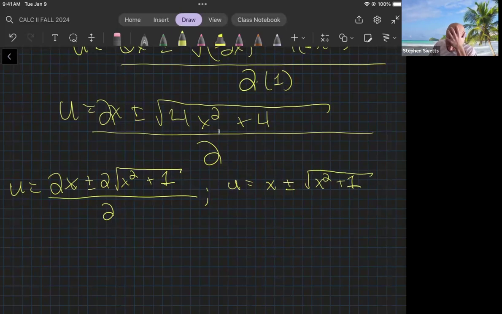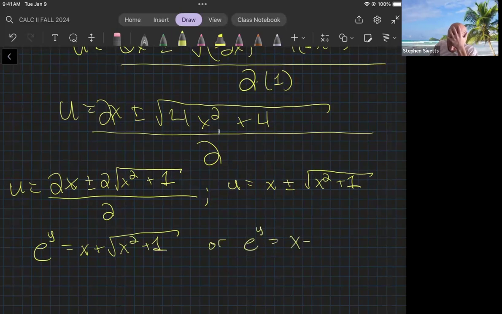Since u is e to the y, we'll have e to the y is equal to x plus the square root of x squared plus 1, or e to the y is equal to x minus the square root of x squared plus 1. Hopefully that makes sense.